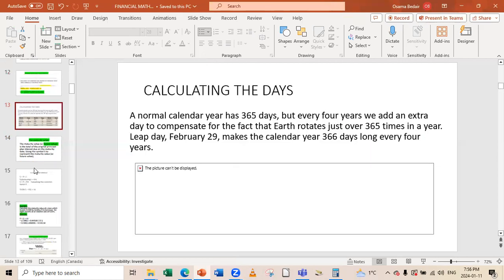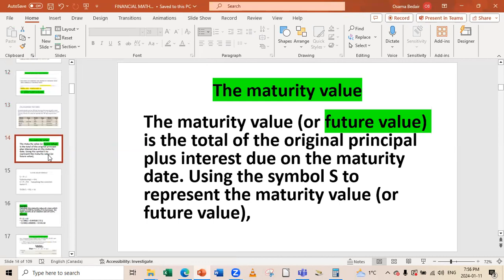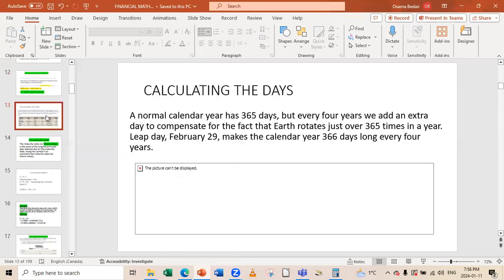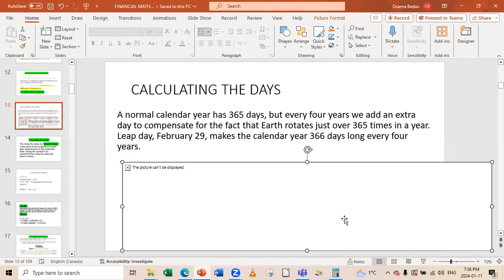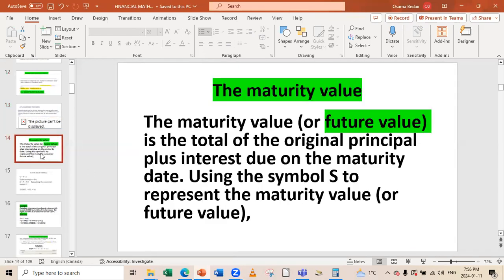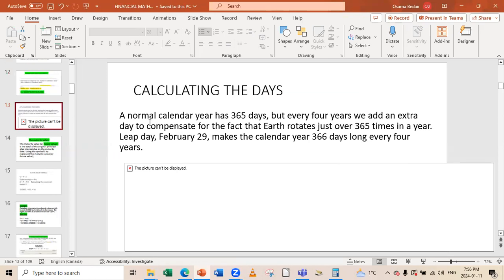We also have months, years, and dates, so we can get the value by knowing the days and so on. So I will go now to an example to show you what we mean by calculating the days.